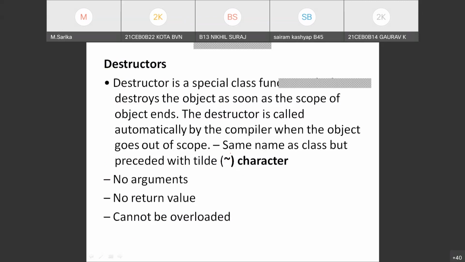And same thing, it has the same name as the class but is preceded with the tilde symbol. The tilde symbol is beside the number one key on your laptops. It has no arguments and no return value. Another thing to remember is that destructors cannot be overloaded.